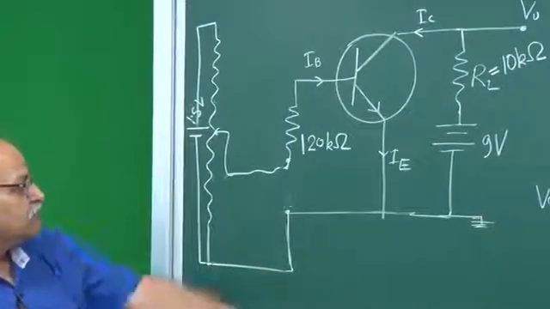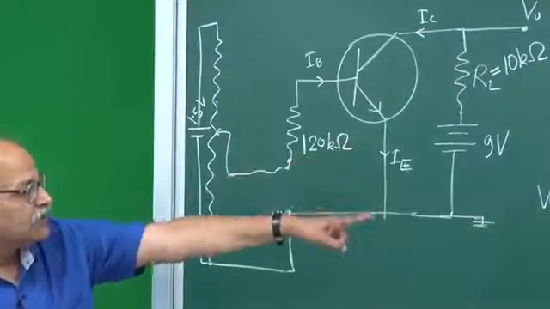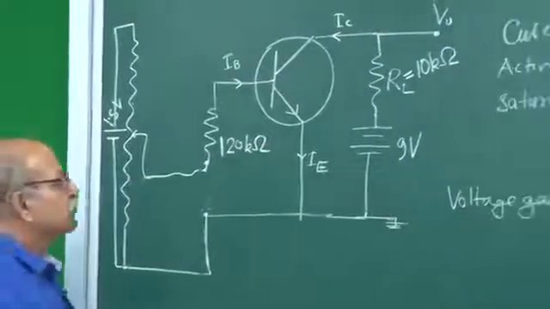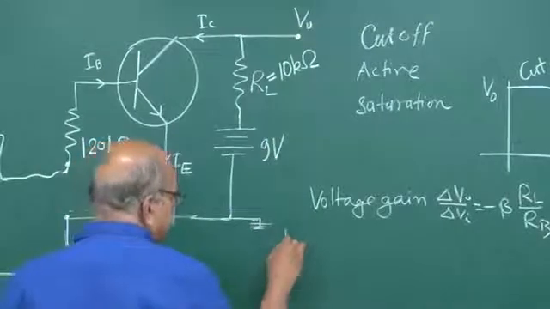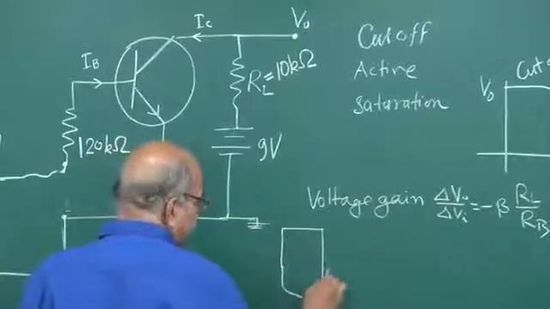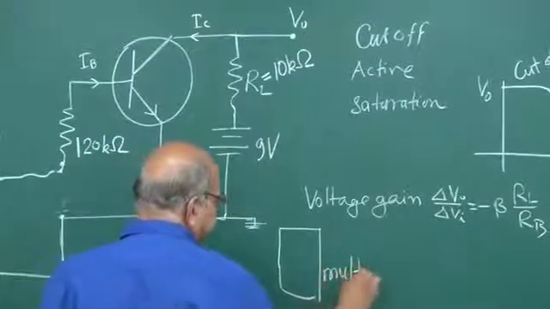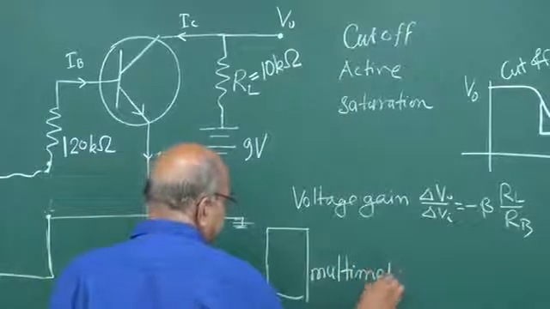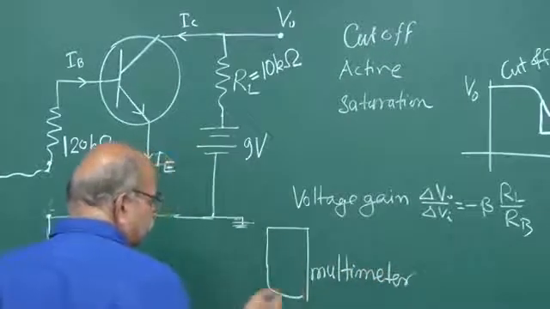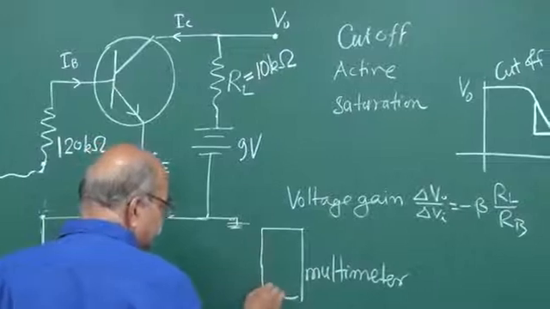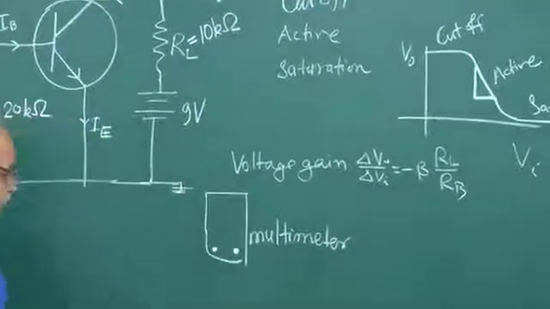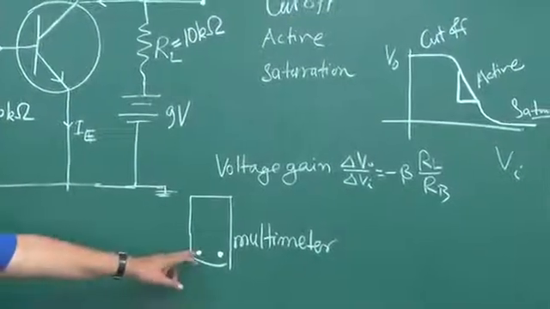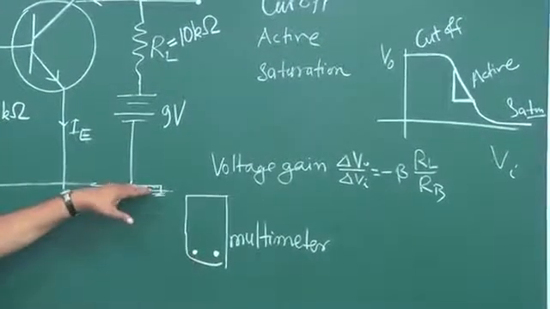Measurement of what? Measurement of this VO and measurement of this VI. To measure this VO, we will take a multimeter. A multimeter also has two terminals, one black and one red, and the black one is supposed to be connected to that zero potential.